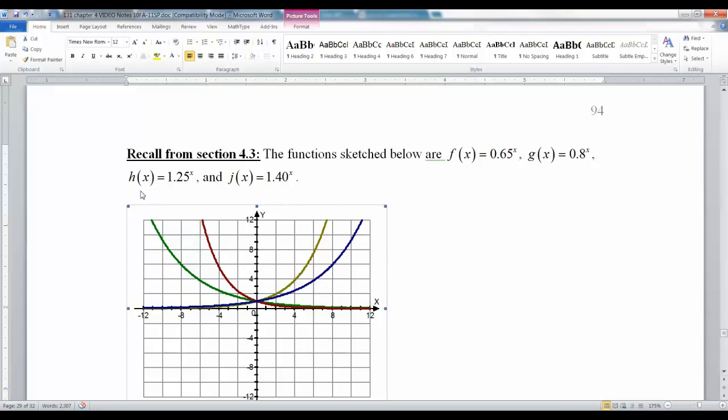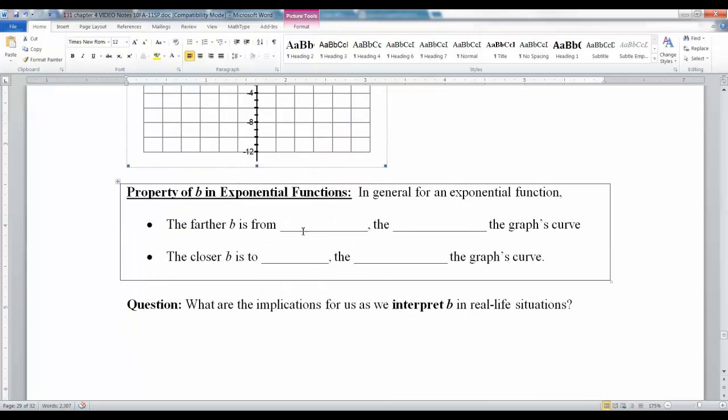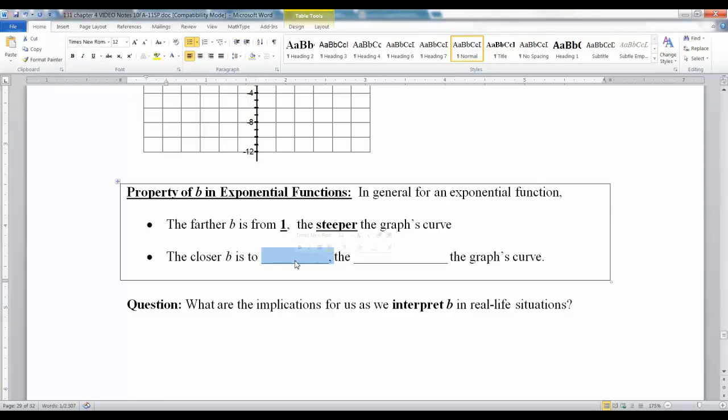So which one's which? Remember that the farther we are from 1, the steeper the graph's curve. Steeper, not stepper. Steeper. The closer B is to 1, the shallower, less steep, if you will, the graph's curve.